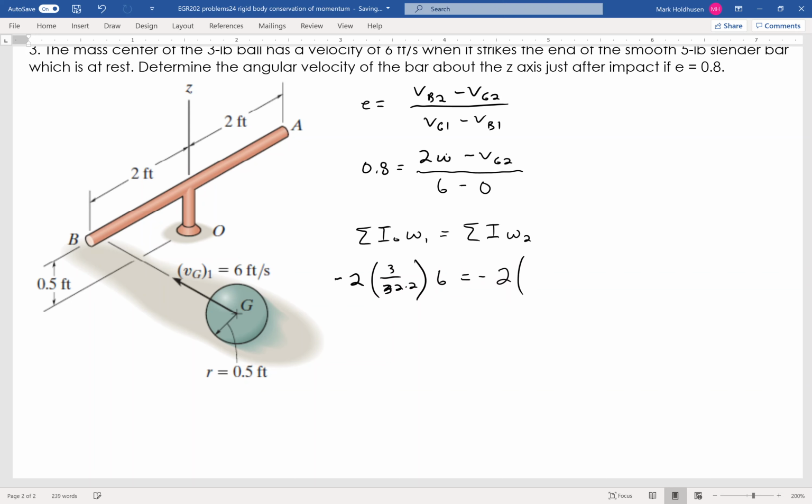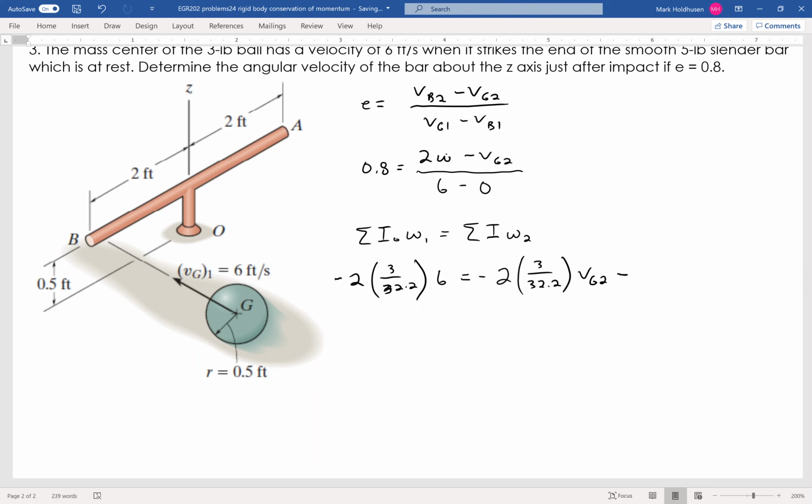So it's going to be 2 times 3 divided by 32.2 times the velocity of the ball afterwards. That rod is also probably going to be going negative. It's going to get hit, and I see no reason it's going to go the other direction, right? So it'll be negative as well.